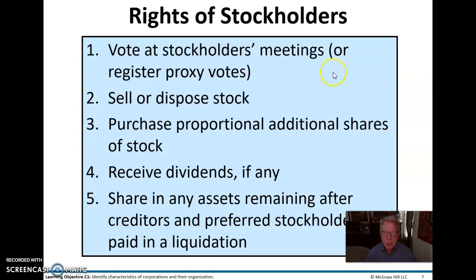Okay, the rights of the stockholders. They get to vote at the stockholders meeting, usually held every year. And sometimes they're just asked to submit a proxy vote, and you get a little thing in the mail that says, we recognize the following people as good choices for officers, et cetera, in the corporation, and we appreciate that you would vote for them, and you can send that little card back as your proxy vote for those people if you want, or you can vote for yourself.